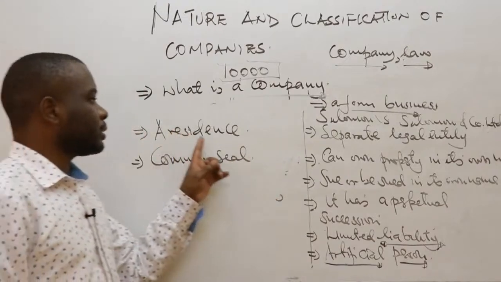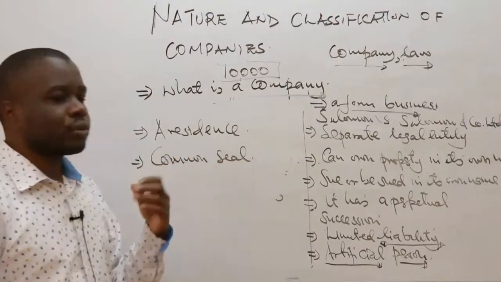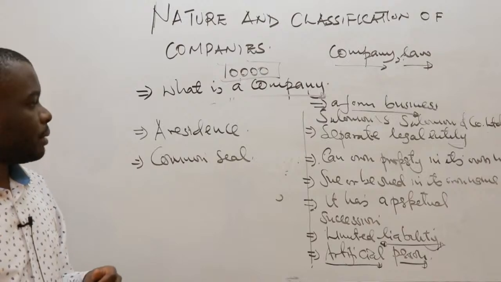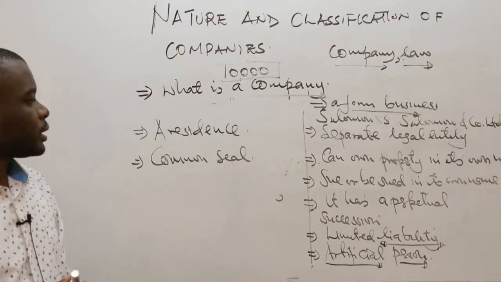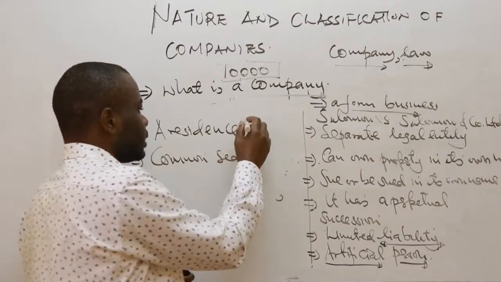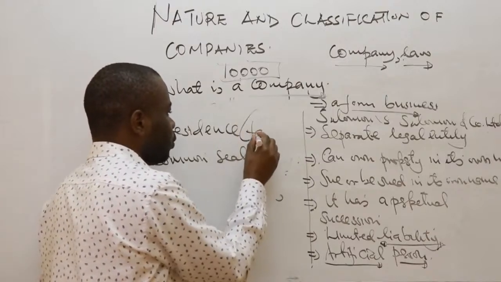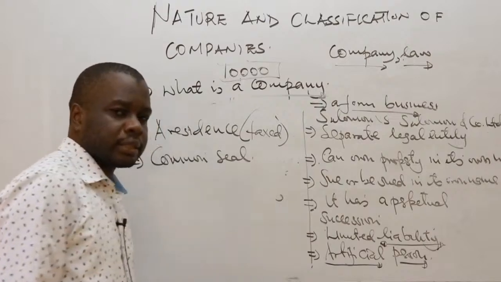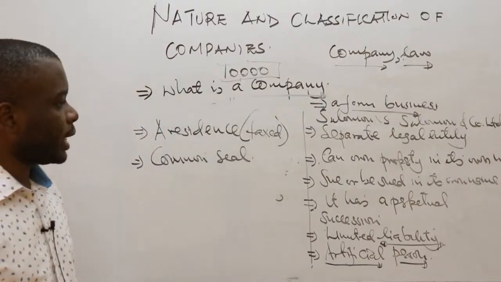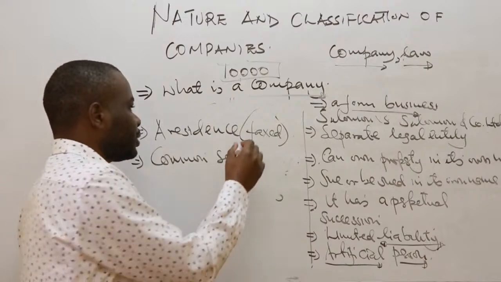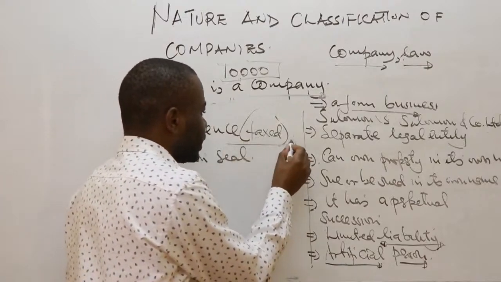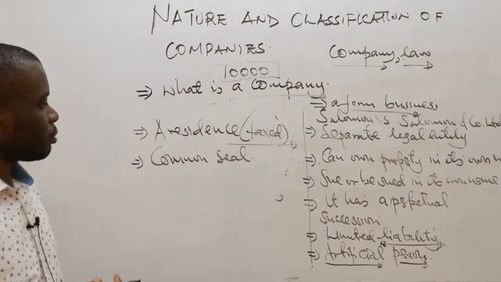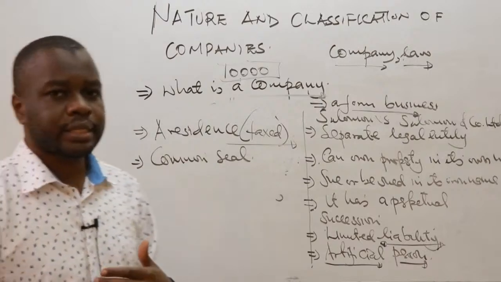When you say a residence, basically any person seeking to form a company must clearly outline where the company's residence is. Residence is very important in case they are supposed to determine where exactly the company is supposed to be taxed. For example, if the residence of that particular company is in Kenya, it basically means that the company should be taxed in Kenya. So these are characteristics that each and every company will have, or basically state what its residence is.